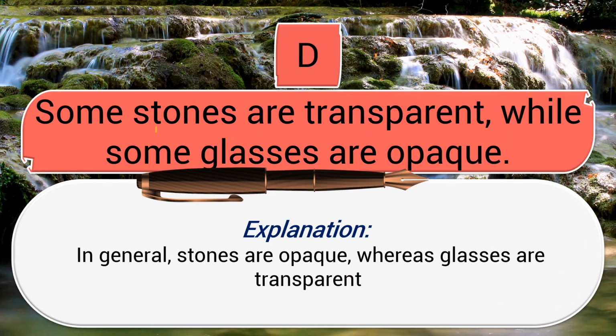The answer is some stones are transparent while some glasses are opaque. In general, stones are opaque while glasses are transparent.